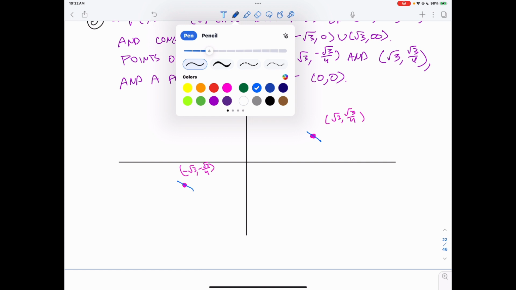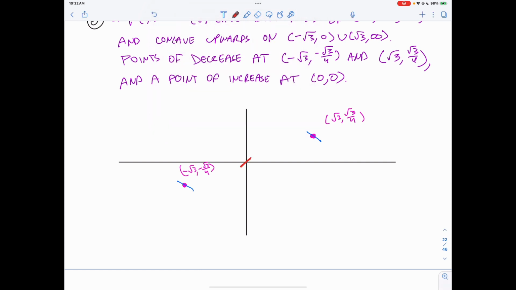I'm going to have a point of increase right at the origin here, where it's going to go from concave upwards to concave downwards.